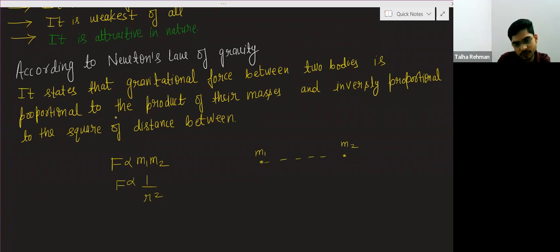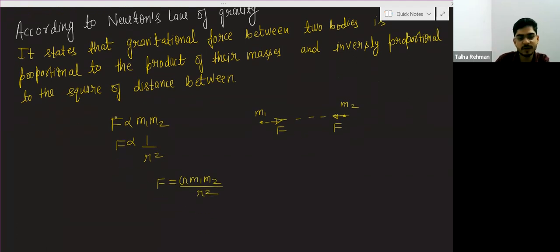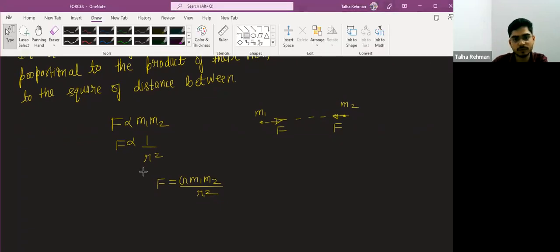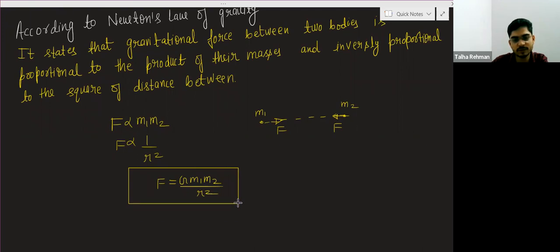So the force of attraction between the two masses will be given by F is equal to G m1 m2 divided by r square. This is the formula of the gravitational force.